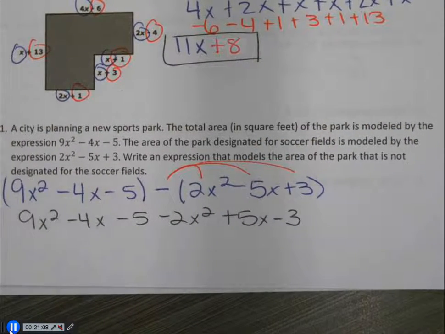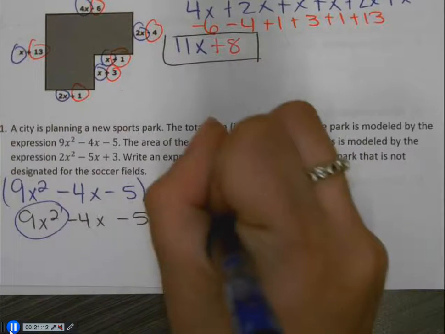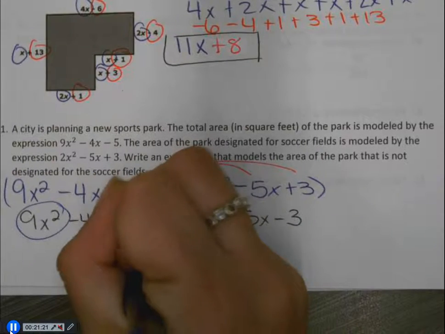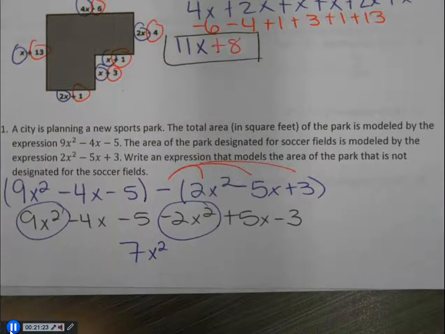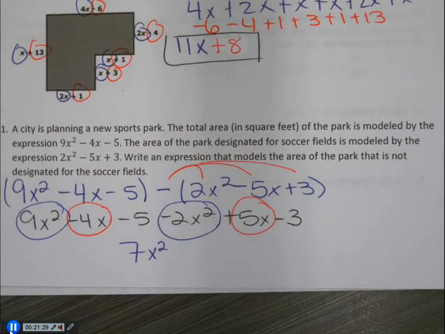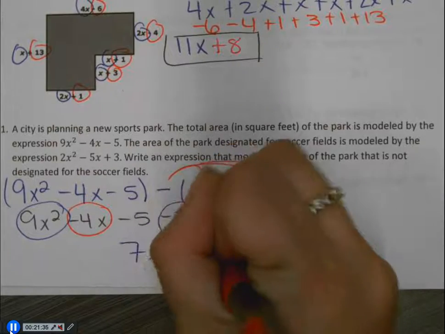Then I want to combine like terms, so I have 9x squared and negative 2x squared. So 9 minus 2 is 7. Then I have negative 4x and positive 5x. 5 minus 4 is 1, so just x.